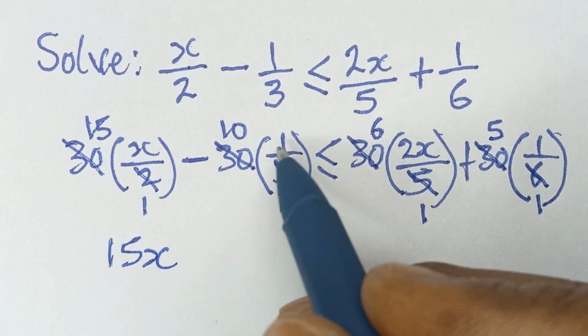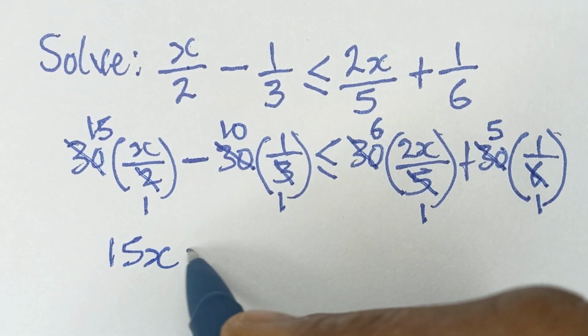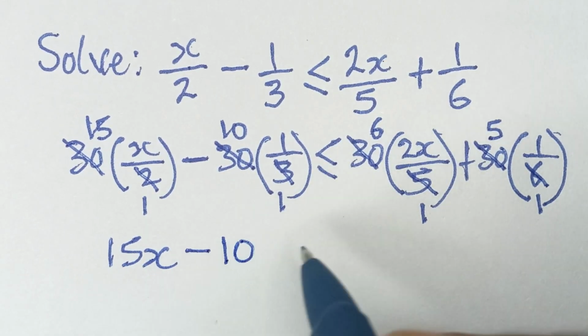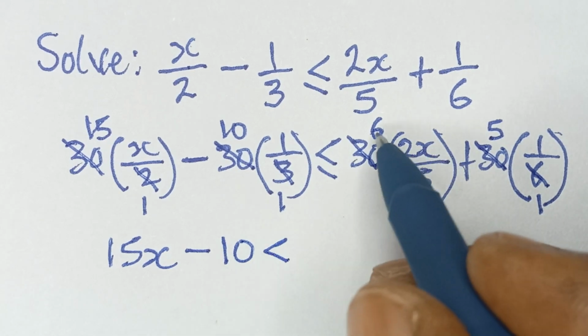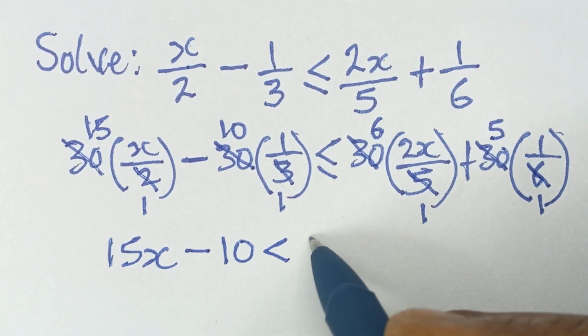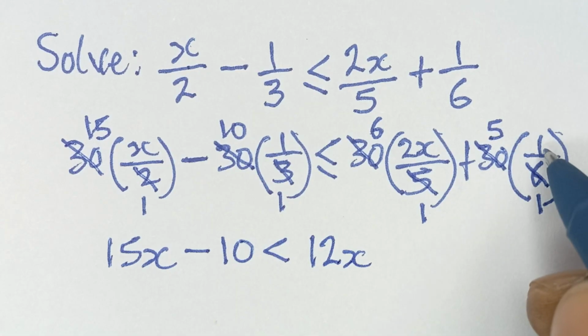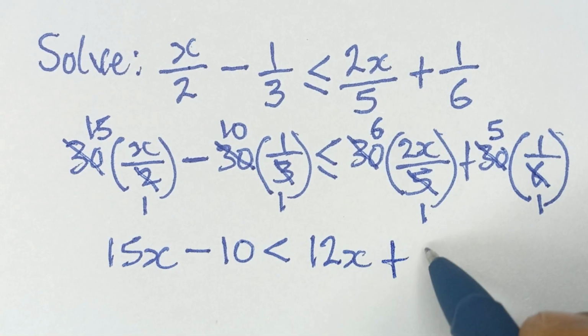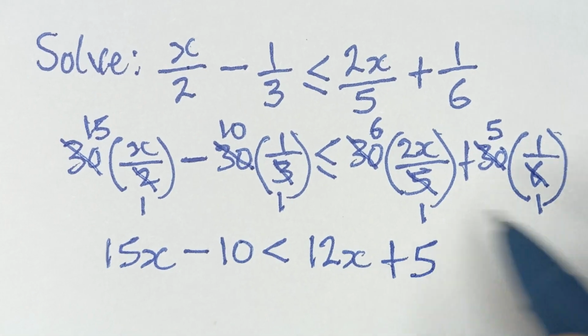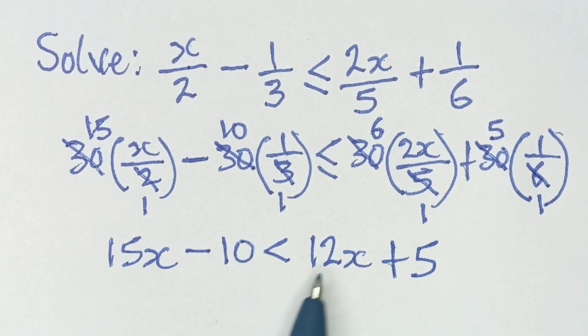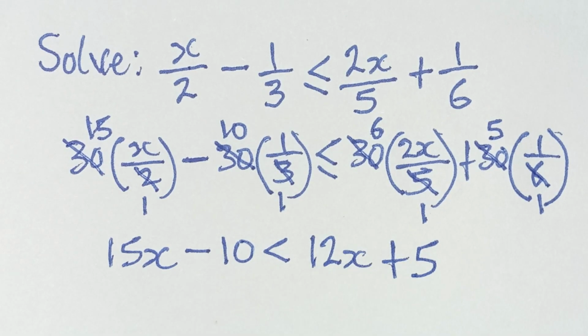And then 10 multiplied by 1, don't forget the negative sign, that will give us negative 10. And then it's less than or equal to 6 multiplied by 2x, we are left with 12x there. And then 5 multiplied by 1 is 5, so we'll say plus 5. Now we can collect like terms. So this positive 12x, let it come to this side.